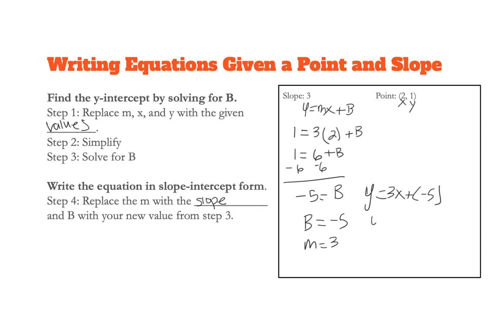You can also write y equals 3x minus 5. Okay, so you have a couple of options there for writing your answer. So like I said, the graph of the line, the equation of the line, y equals 3x minus 5, has the slope of 3 and will go through this point of 2, 1.